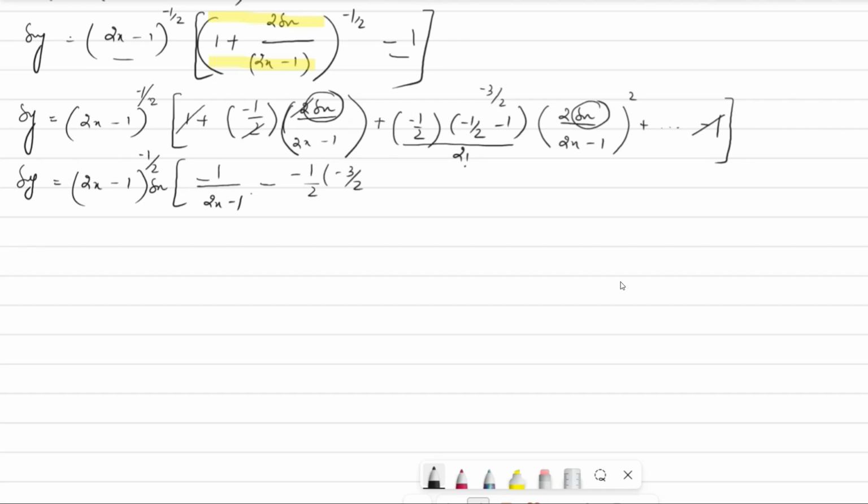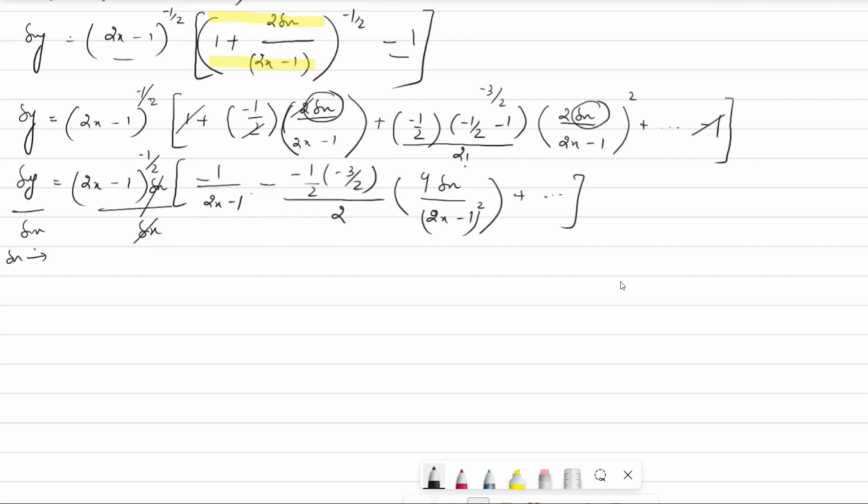So minus 3 by 2 as well divided by 2 factorial is 2 and these 2 2s are 4, delta x, 1 delta x we have taken common, divided by (2x minus 1) whole square plus up to so on. Fine. So delta x will be divided on both sides of the equation. So this one cancels with this, and delta x approaches to 0 as well.